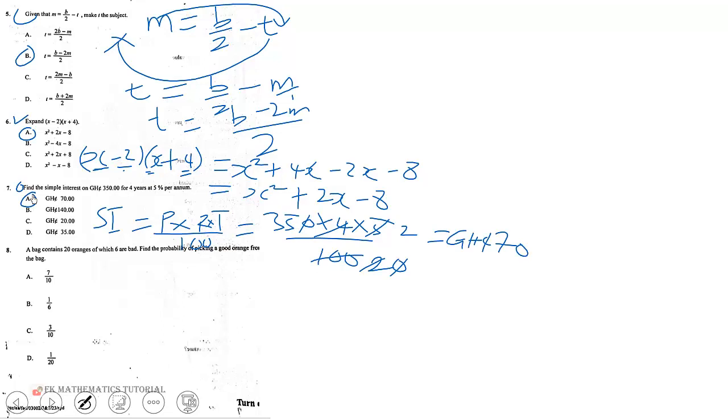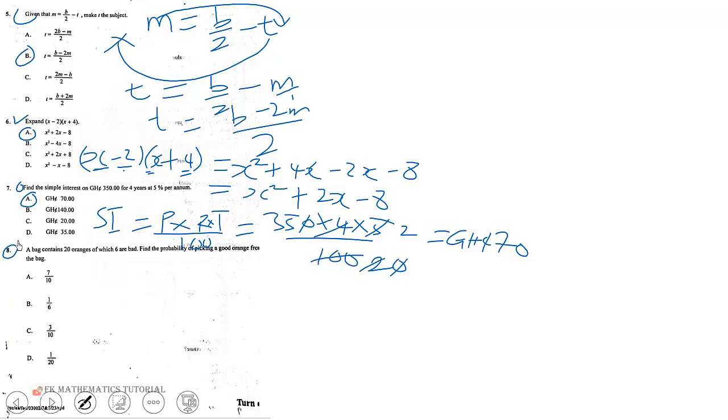Question number 8. A bag contains 20 oranges, of which 6 are bad. Find the probability of picking a good orange from the bag. So 6 are bad.